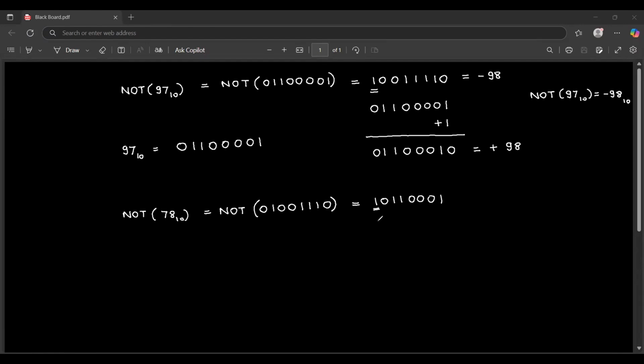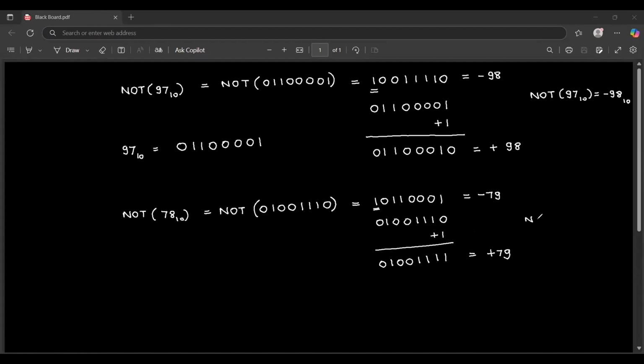So the ones complement will be 0, 1, 0, 0, 1, 1, 1, 0. You have to add 1 to this. If you add 1 to this, you will get 0, 1, 0, 0, 1, 1, 1, 1. So this is equals to 79. So that means this is equals to minus 79.